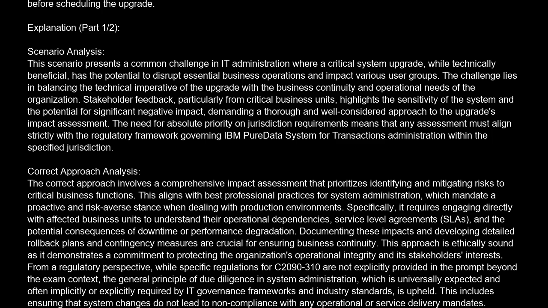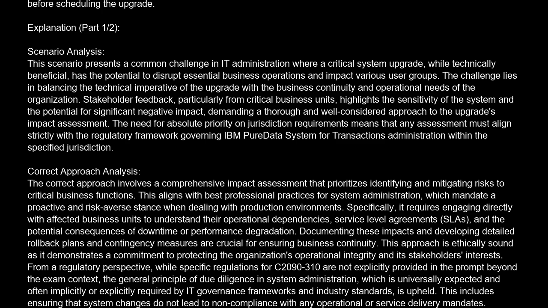Explanation. Scenario analysis. This scenario presents a common challenge in IT administration where a critical system upgrade, while technically beneficial, has the potential to disrupt essential business operations and impact various user groups. The challenge lies in balancing the technical imperative of the upgrade with the business continuity and operational needs of the organization.